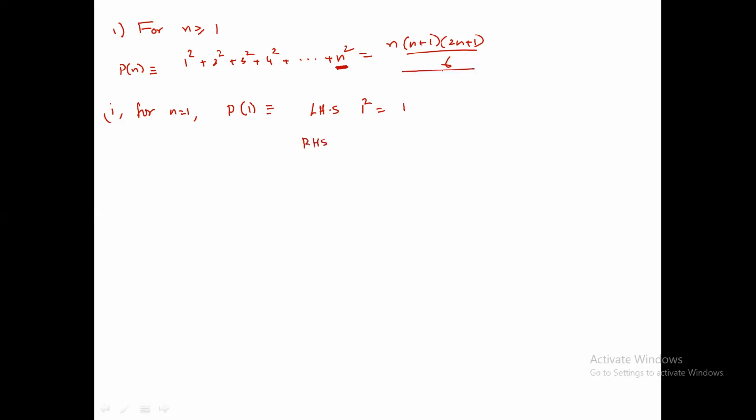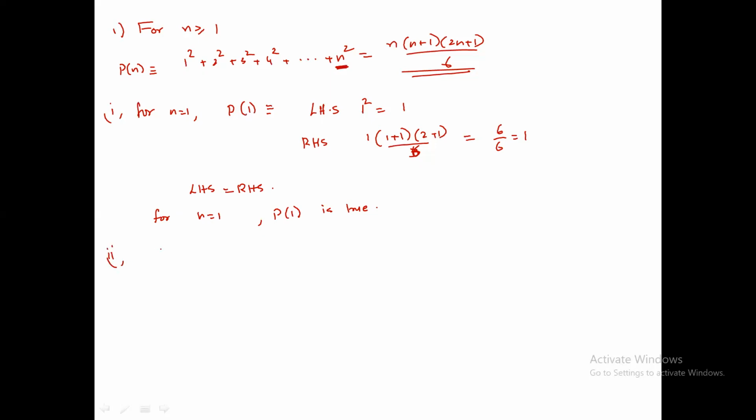Right hand side, when you put n as 1, 1 into (1 plus 1) into (2 plus 1) by 6, that is 2 into 3, 6 by 6 equal to 1. So left hand side of the formula 1, right hand side of the formula 1. So you can say for n equal to 1, left hand side, right hand side are equal, means the statement is true. You have proved.